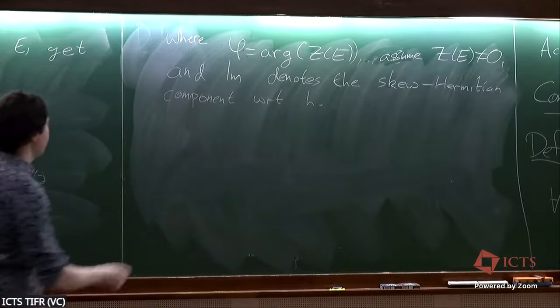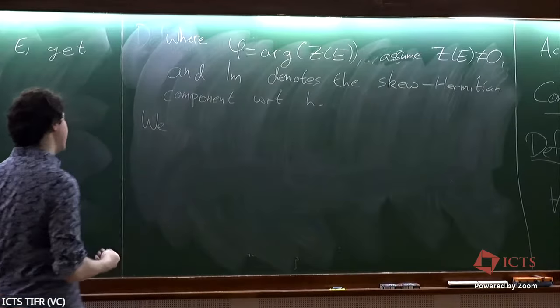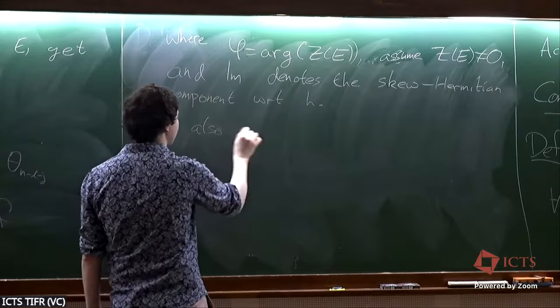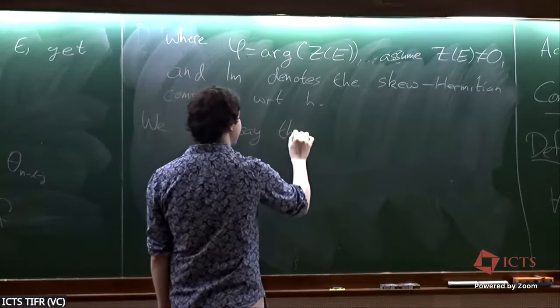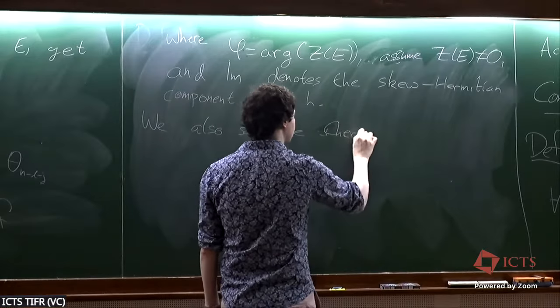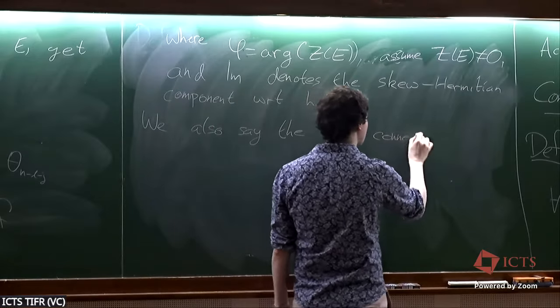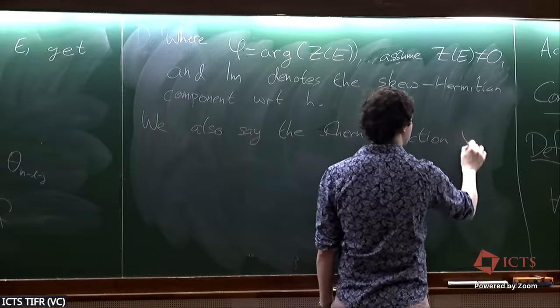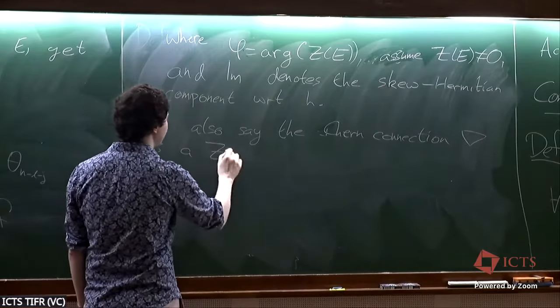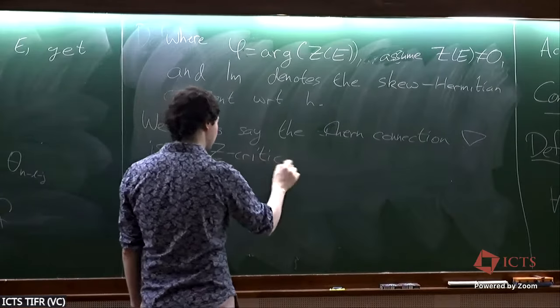Okay, so because it's in the title of the talk, I'll say that we also say the associated Chern connection nabla is, instead of a Z critical metric, a Z critical connection.